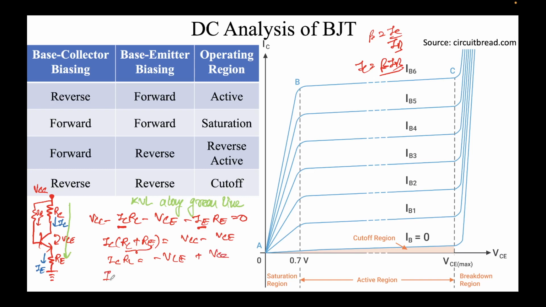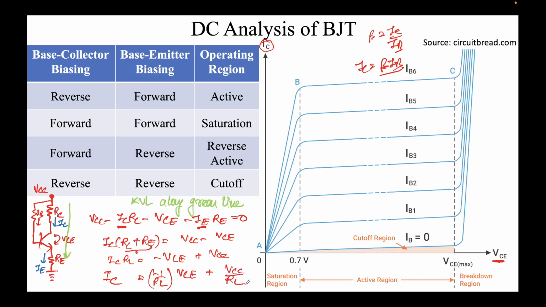And if I note that the y-axis here is IC, I am keeping y equals mx plus c, where x is nothing but VCE. Note this is the x-axis, so I'll write IC equals minus 1 by RL times VCE plus VCC over RL.